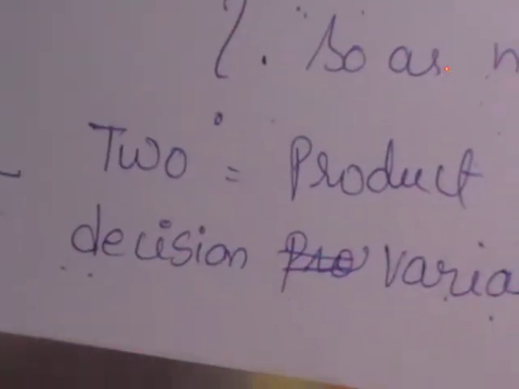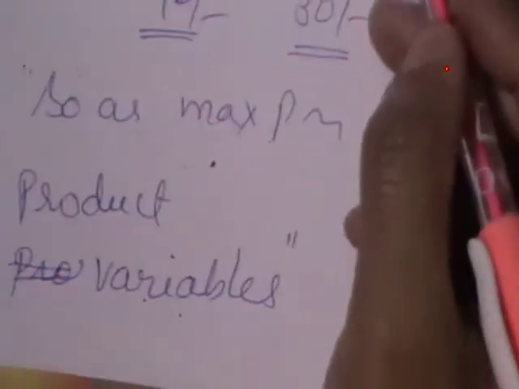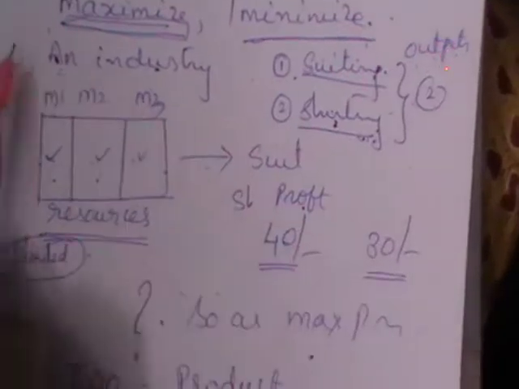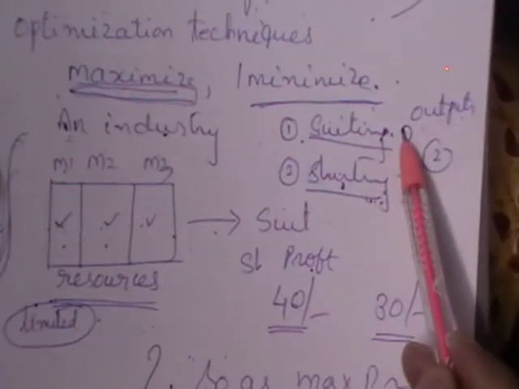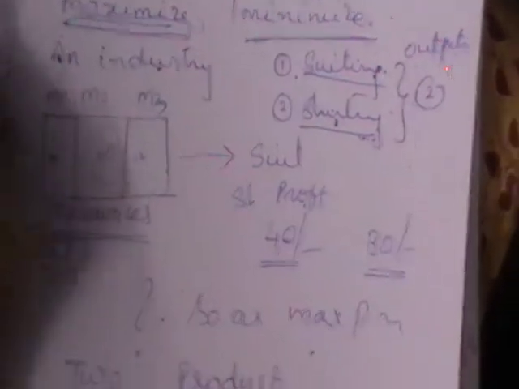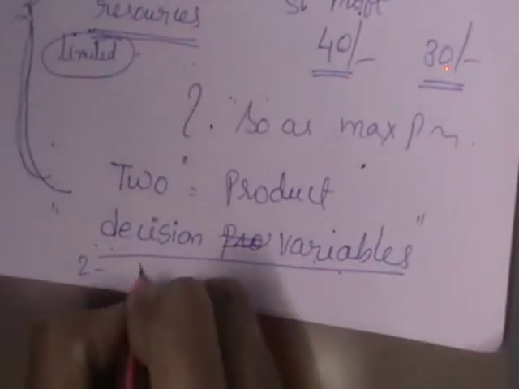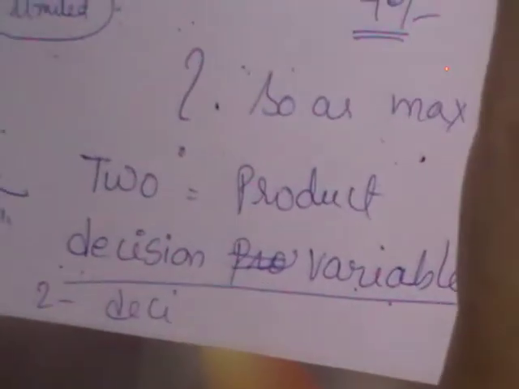Generally, the number of decision variables is always equal to the number of outputs or products in the given problem. In the present one, how many products are there relating to this industry? We have suitings and shirtings. So the entire problem depends upon two decision variables, equivalent to the two outputs.